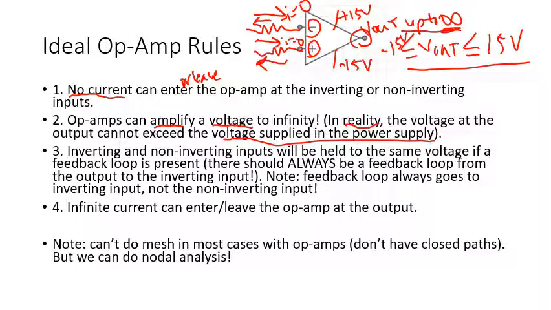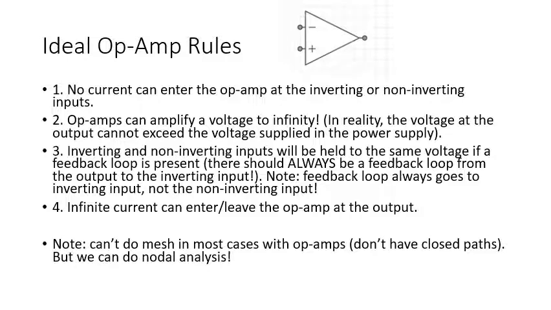Rule number 3, inverting and non-inverting inputs will be held to the same voltage if a feedback loop is present. And there should always be a feedback loop that goes from our output to our inverting input. So here's my output. It should go to my inverting input. Most of the time there's a resistor connecting between that, but there could be a capacitor, it could just be a wire, it could be a combination of resistors and capacitors, whatever.